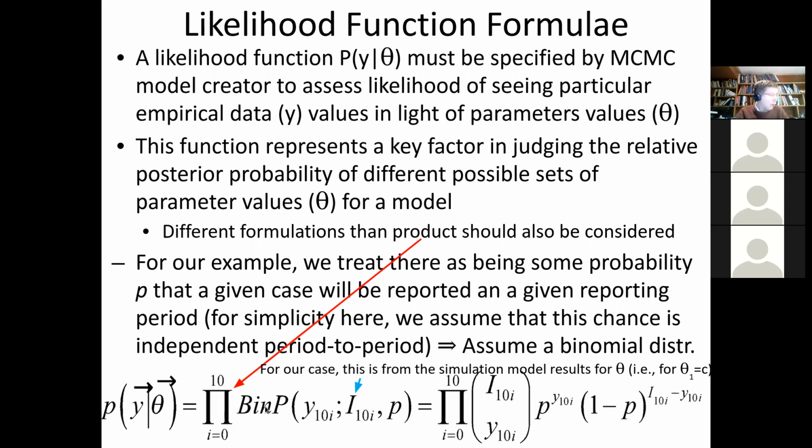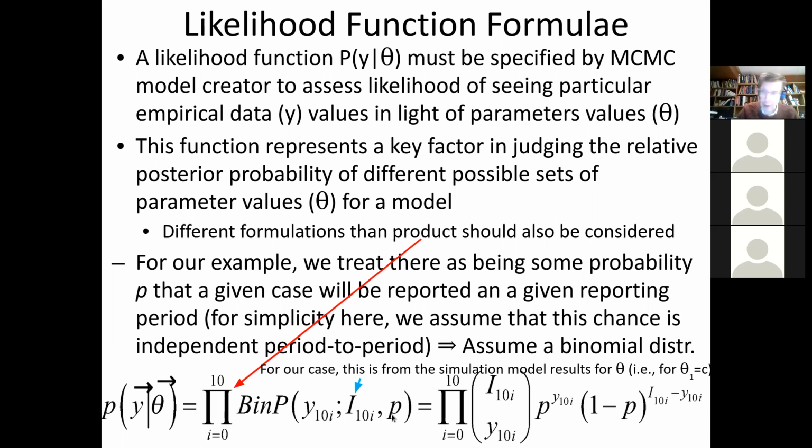The idea of a binomial distribution, as many of you know, is quite simple. It asks, what's the probability of getting a certain number of heads if I flip a potentially biased coin a certain number of times?